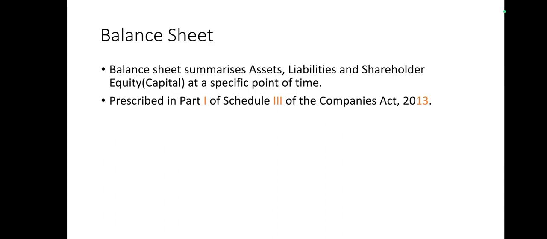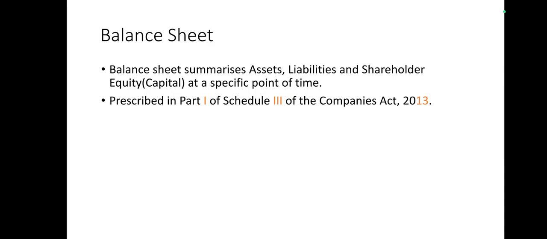The Companies Act 2013 gives us Schedule 3, in which Part 1 has the balance sheet. We have the rules regarding how the balance sheet will be prepared and how a company will present the position of its assets, liabilities, and shareholders' equity. This is the reason why we cannot change any item in the balance sheet of a company.